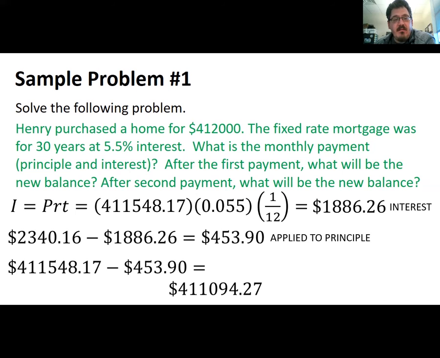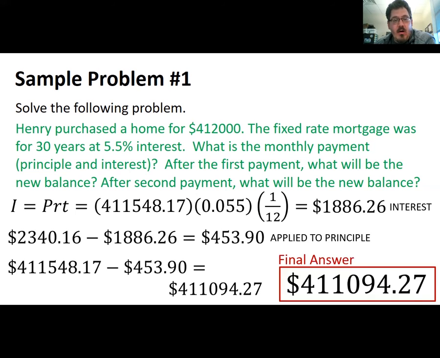We subtract off the $453.90, and our new balance is now $411,094.27. So we repeat the same process each month. It's just that the principal is lowered a little bit each month. And so that creates a different amount of interest that we accrue that has to be paid off first, and results in a different amount that is deducted from that principal balance.